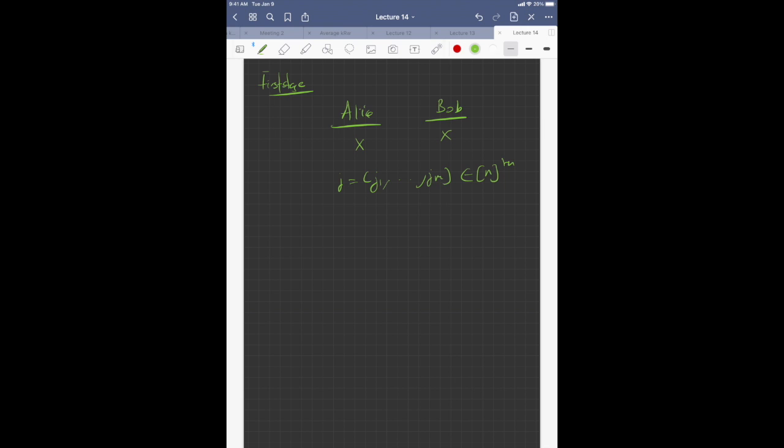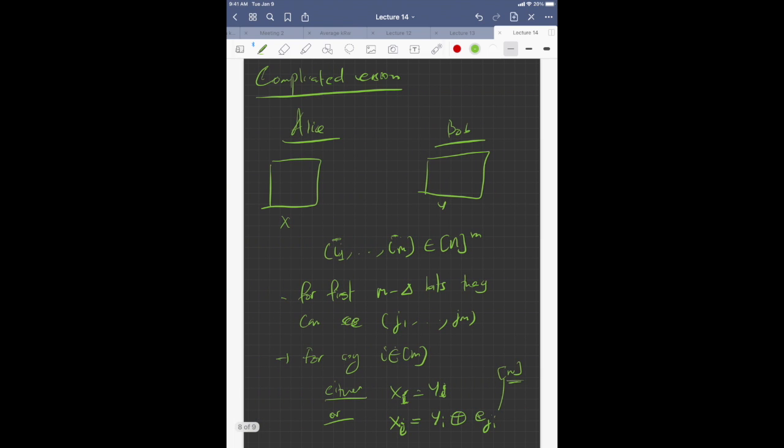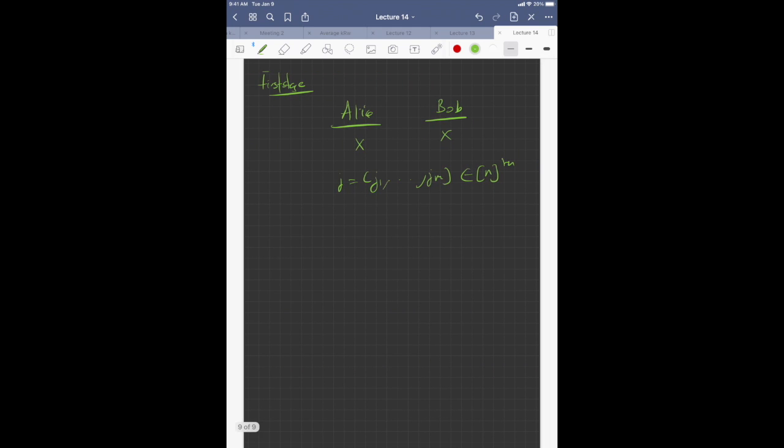So it does not matter what j1 to jm are, right? We want it to satisfy this promise that, for the inputs given in the first stage, if the rows of Alice and Bob differ, they differ only at this position ji. But on the set of inputs that the adversary is considering, which is x comma x, there are no rows which are different.